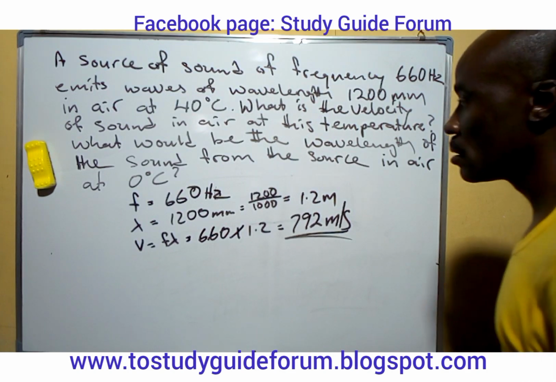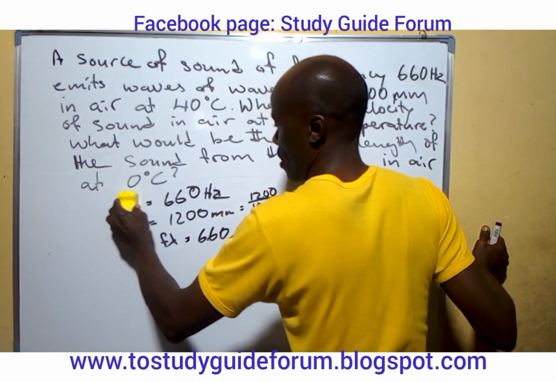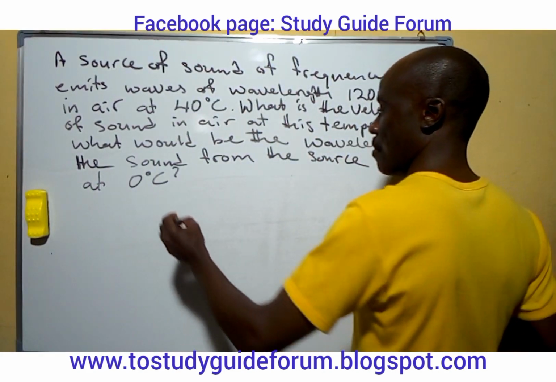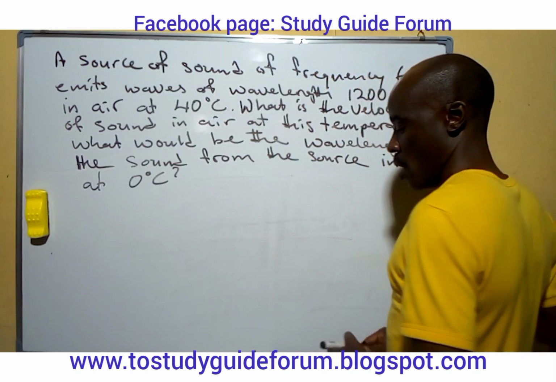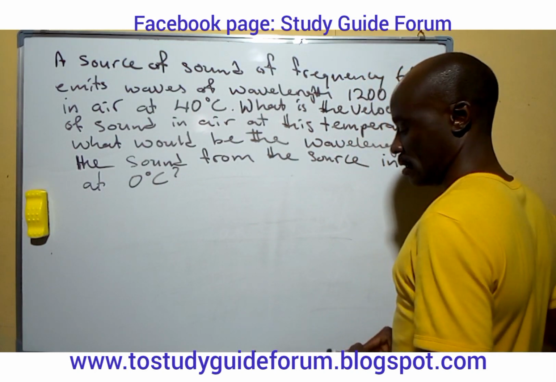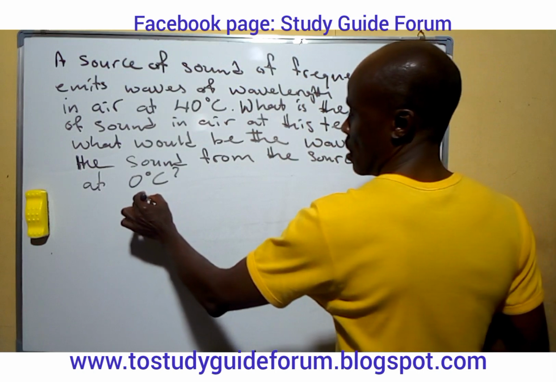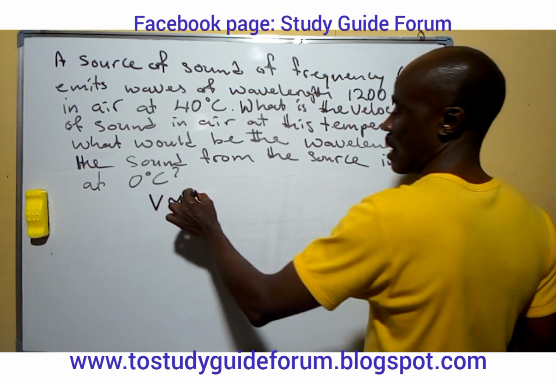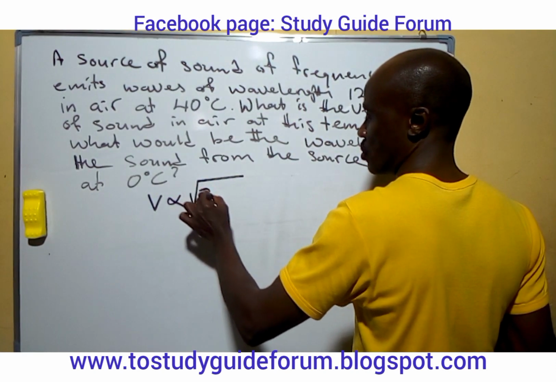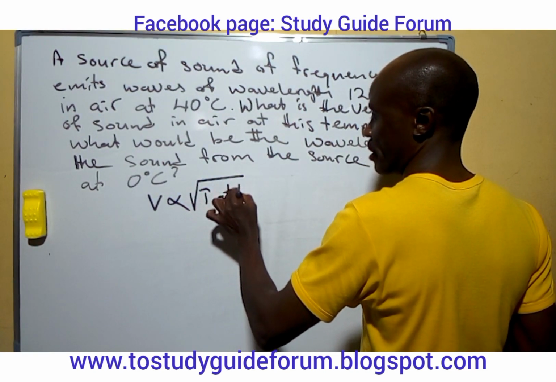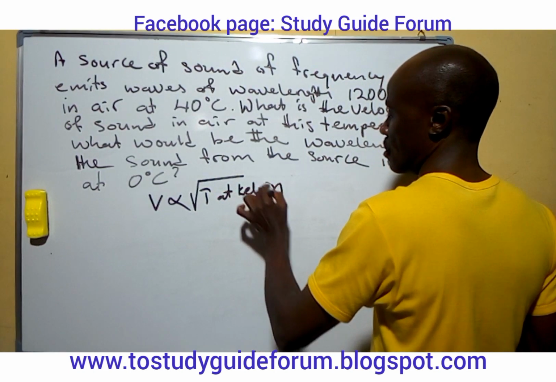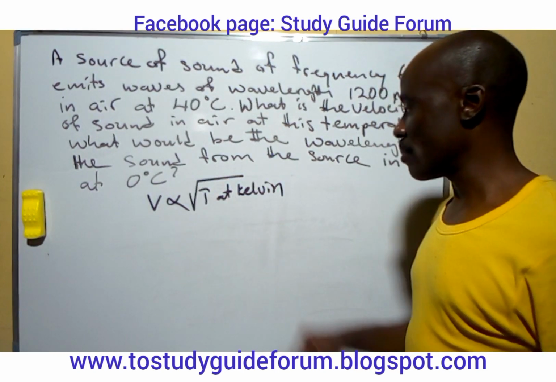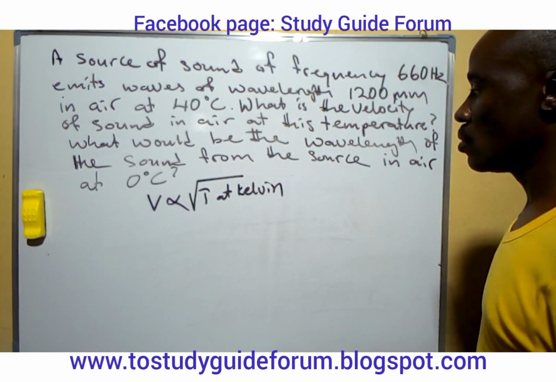In this case, you remember that according to Laplace correction, velocity is directly proportional to the square root of temperature in Kelvin, that is, absolute temperature.